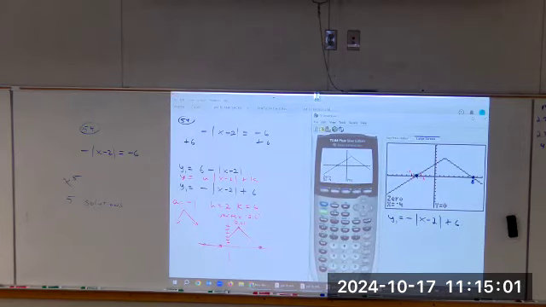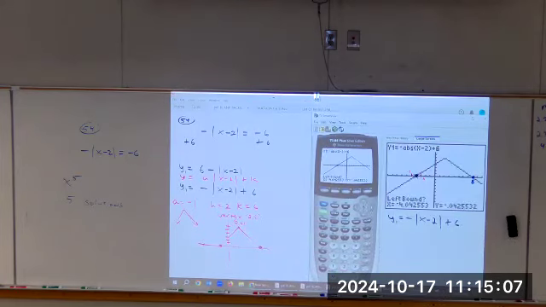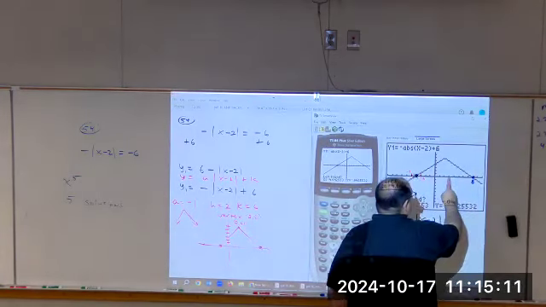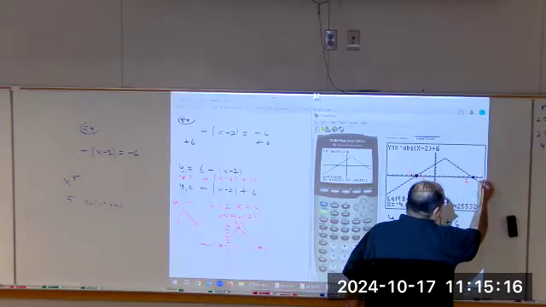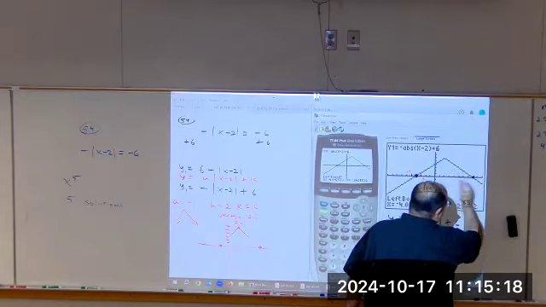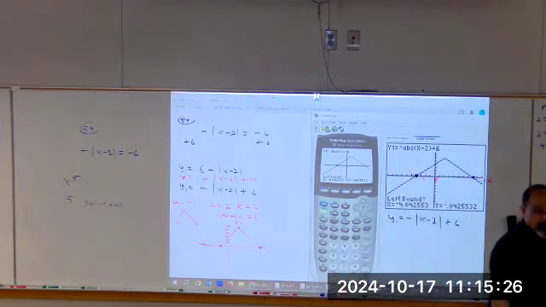And then for the other one, punch it up again, second calc, zero. This time we're looking in between. It looks like 1, 2, 3, 4, 5, 6, that's 7, and then that's 9. You could technically just look between 0 and 10 if you're not sure.